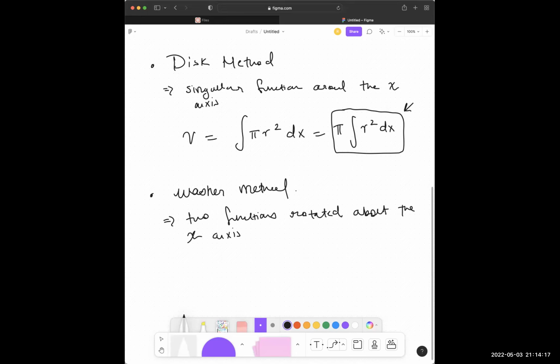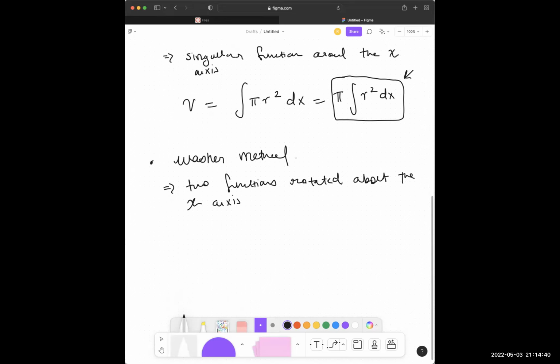Okay, now what I want to say is that you could use the washer method if you rotate about the y-axis, but our instructor actually said that he prefers to just use something called shells if you're around the y-axis. So I don't think we'll be seeing that. And those are two of the main ones, the disk method and the washer method.